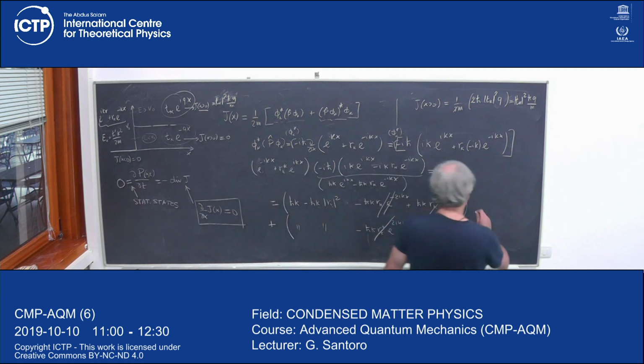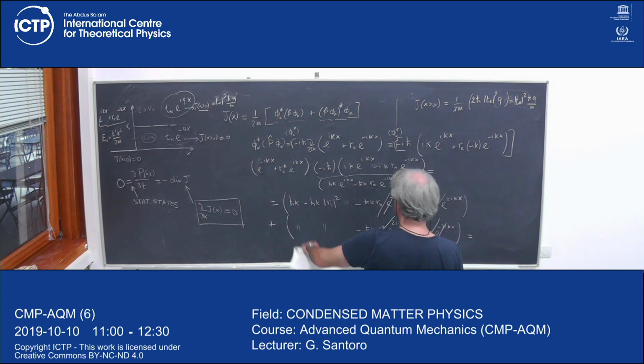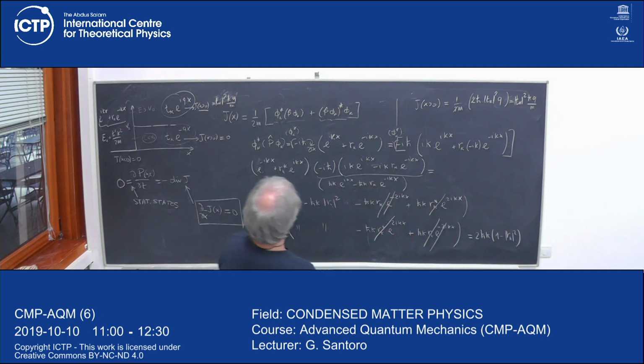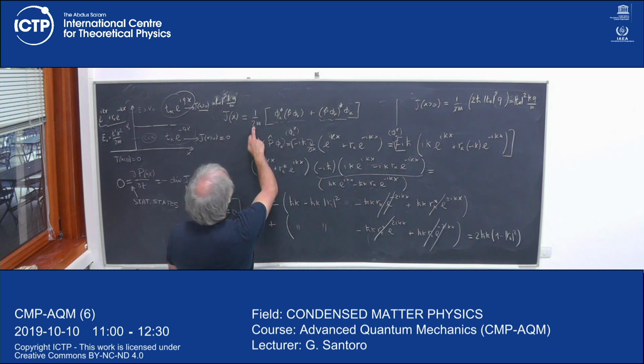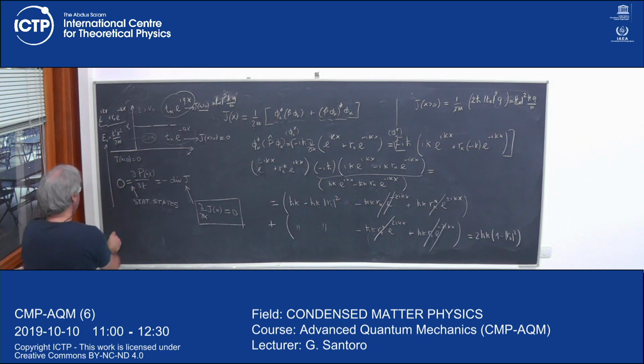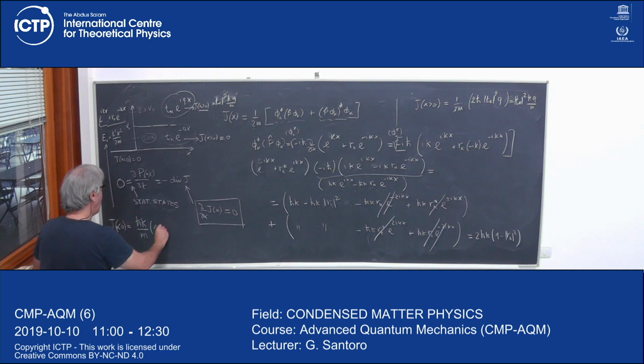So the result of the two things is equal to 2 h bar k times 1 minus rk modulo square. Very good. Now I divide by 2m, and the result is that the current in this region, for x less than 0, is h bar k over m times 1 minus rk modulo square.